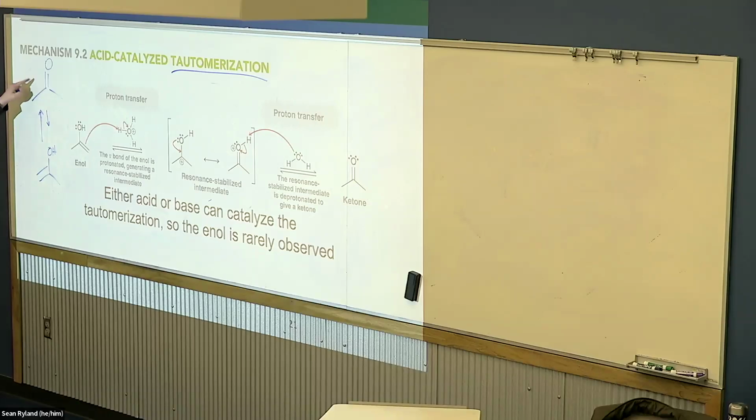For the most part, it's more stable as the carbonyl. I would say at room temperature, if you have acetone in water, it's something like 85 to 15. But there's a measurable amount of it like this.